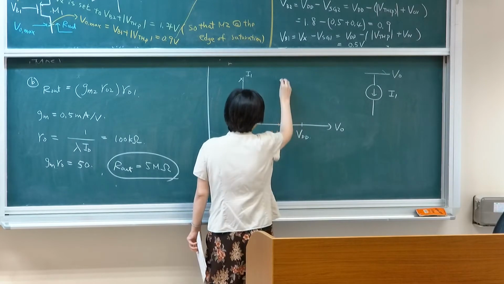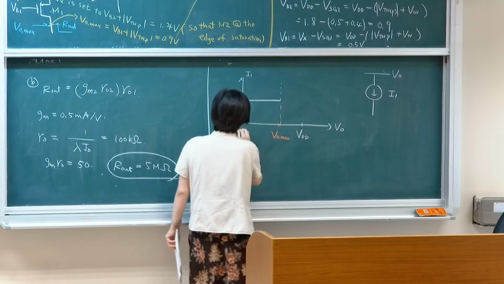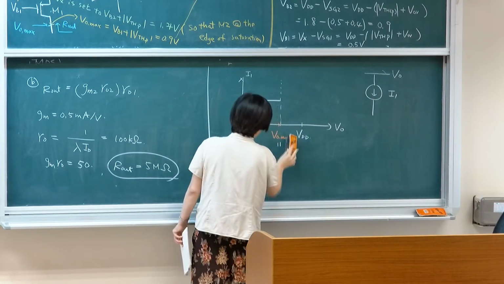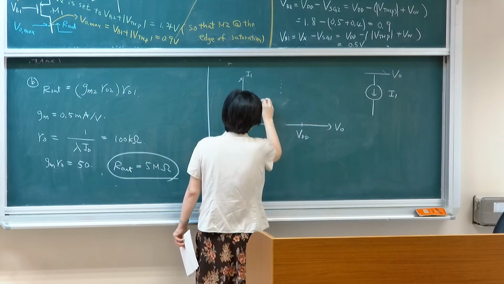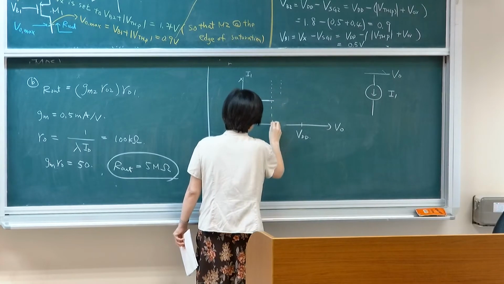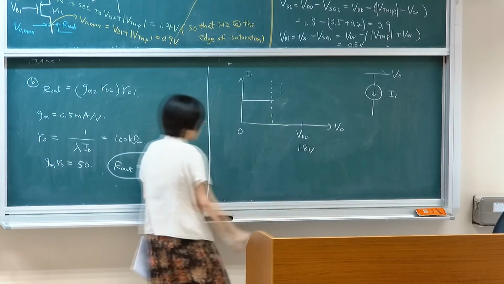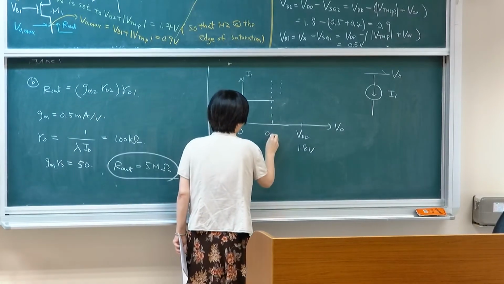So only when it's within this, from 0 to 0.9, so it's about half. This is 1.8. In scale, you will see that this is 0.9.